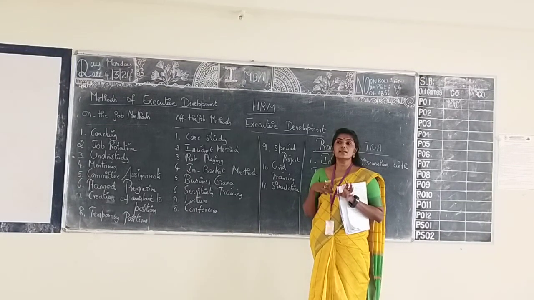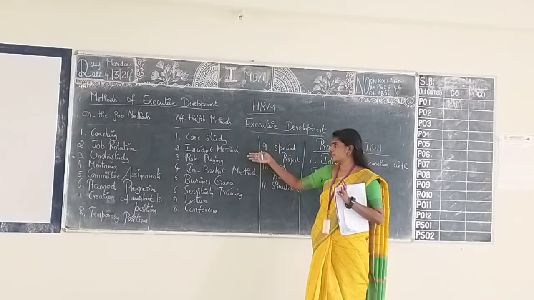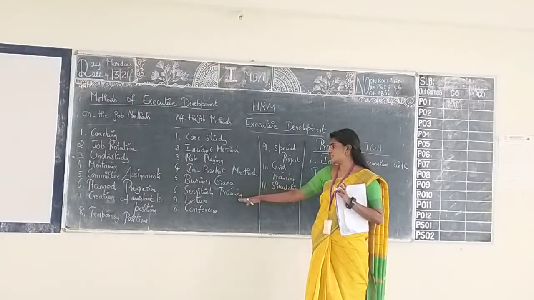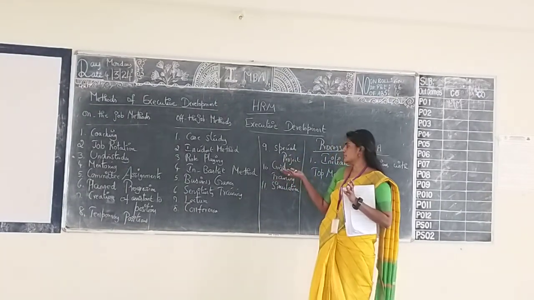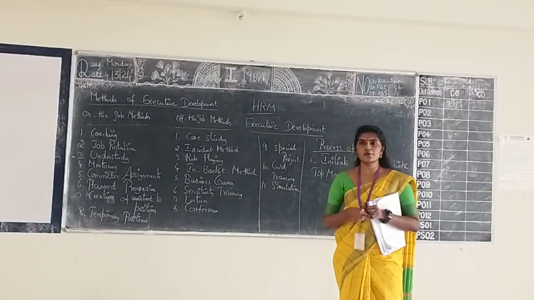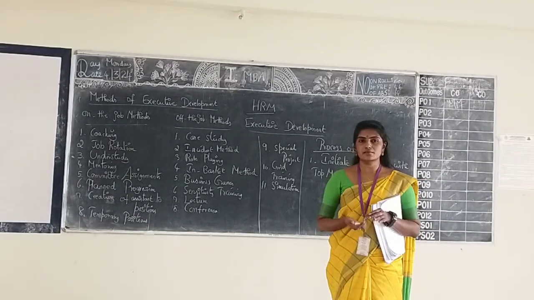You discuss and find the possible solutions. Then the incident method, role playing, in-basket method, business games, sensitivity training, lectures, conference, special project, grid training and the simulation. This is also used to develop the employees from outside the field. Finished.